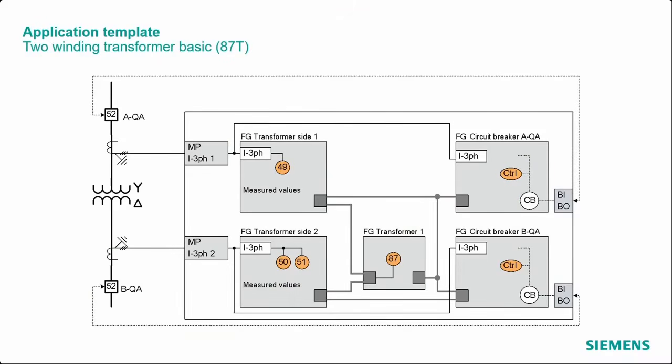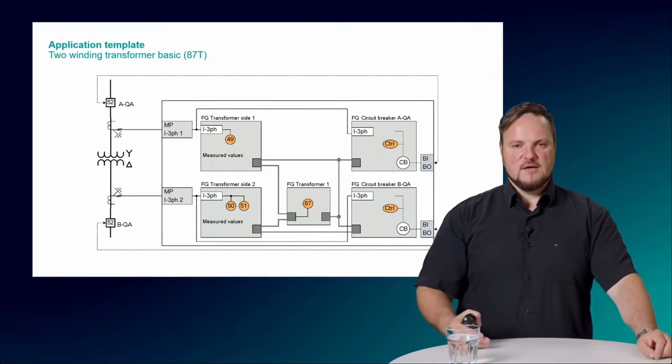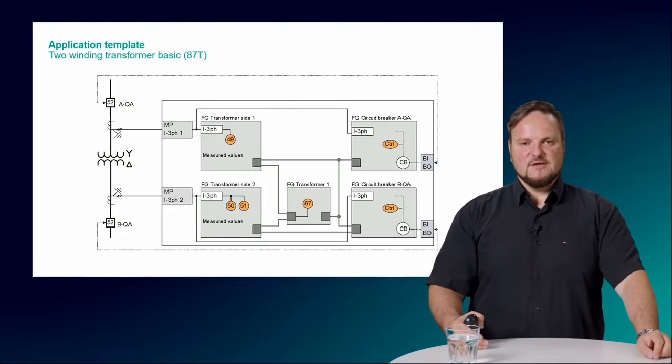And also the circuit breaker has its own function group here, and you see that we have two circuit breakers in that application. You will see also in the function group concept there's a FG circuit breaker which contains an input for the current and the control of the circuit breaker, and finally the control of the circuit breaker is sending the trip to the circuit breaker on the primary equipment.